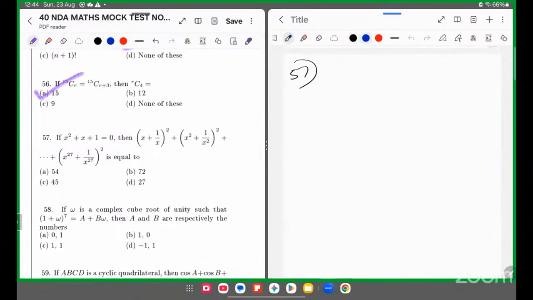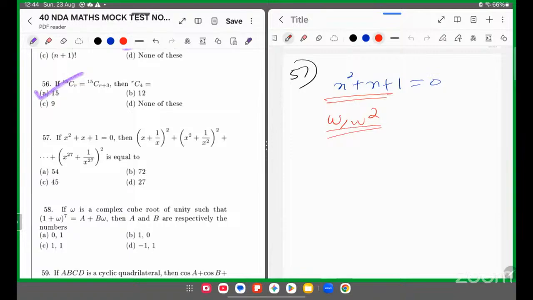If x square plus x plus 1 equal to 0, then divide every term with x. So we can find out the roots. We know that the roots are omega and omega square.